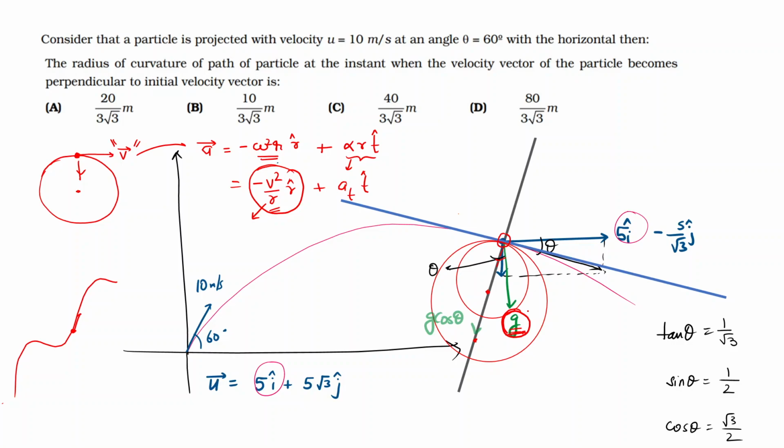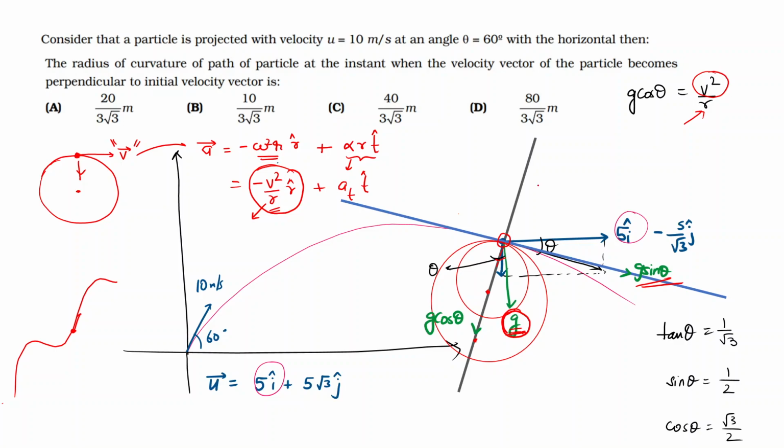And if we equate it to v square upon r, there is also this tangential acceleration. Don't worry about that, just think about this: g cos theta is equal to v square by r. V is the speed of the particle, and r gives you the radius of the circle. Pretty crazy. So this way you can figure out that desired circle, in which the particle can be seen to be moving for some instant.